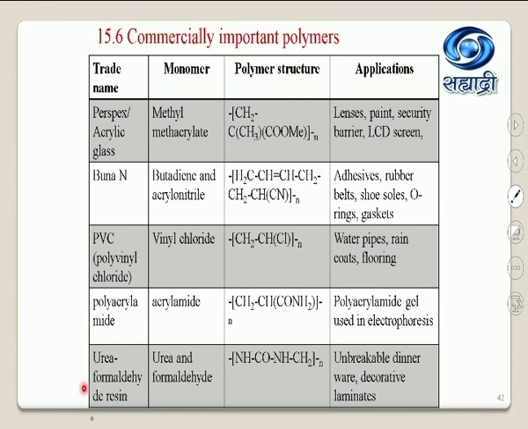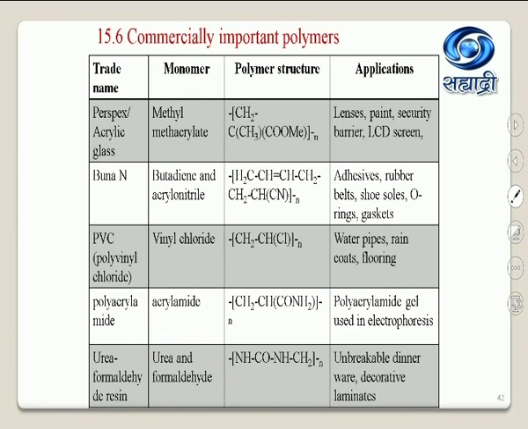The next polymer is urea formaldehyde resin, which is obtained from urea and formaldehyde. Formaldehyde is the common name, and the IUPAC name of formaldehyde is methanal. So there may be a question, what is the polymer obtained from urea and methanal?